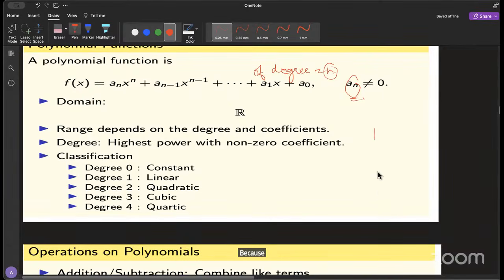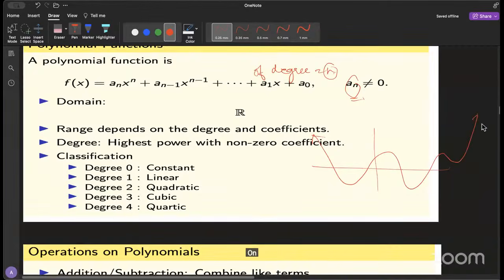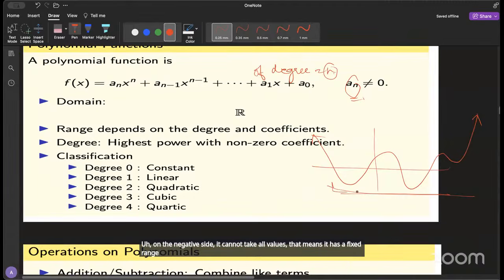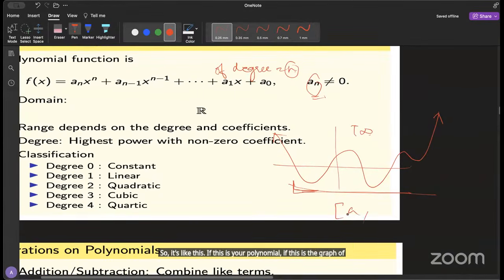Because if you have seen the graphs, you must have noticed that sometimes your polynomial looks like this. On both ends, it's tending to plus infinity. That means on the negative side, it cannot take all values. It has a fixed range from this point to plus infinity. So if this is the graph of your polynomial, then its range is from a to infinity, where a is a negative number.